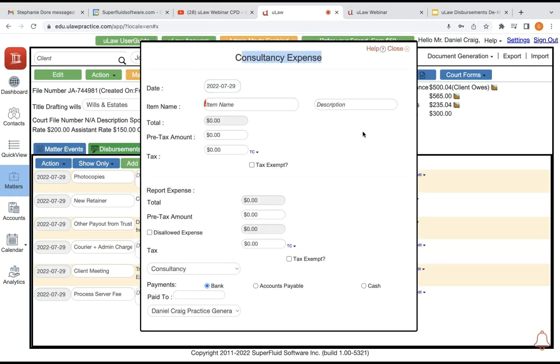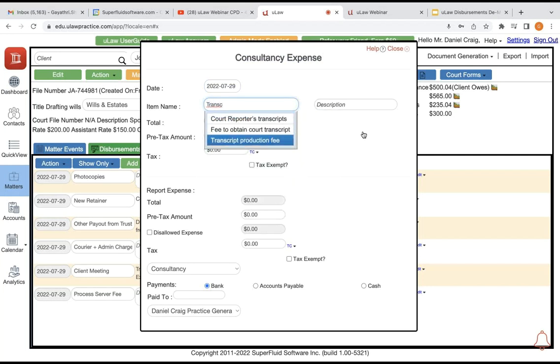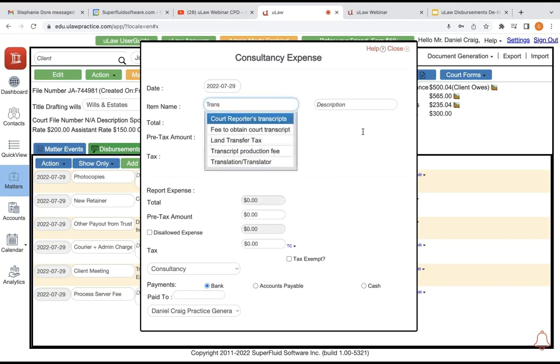So when you click on consultancy expense, you could say third-party, or let's say, for example, transcriptionist, and/or translator.